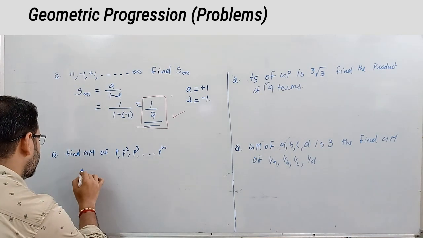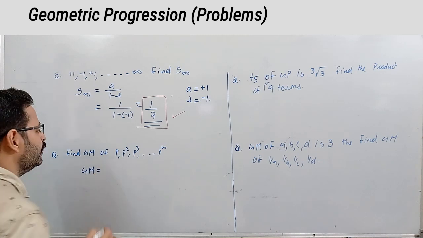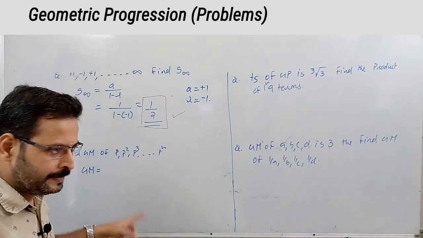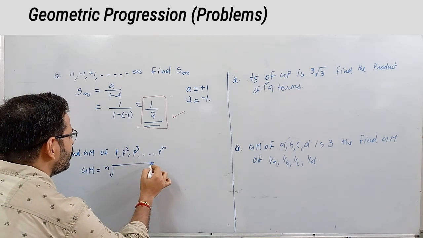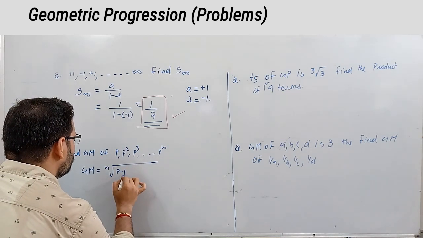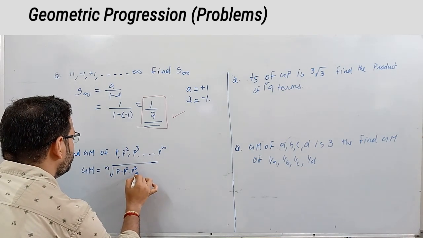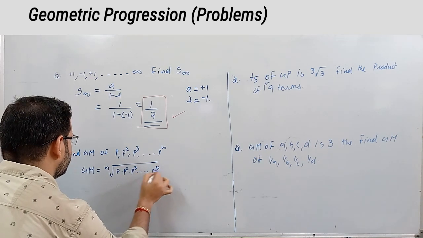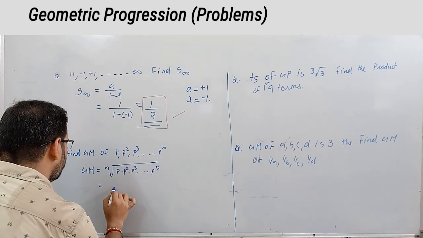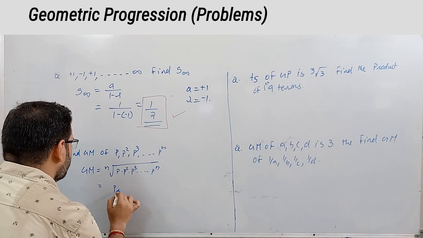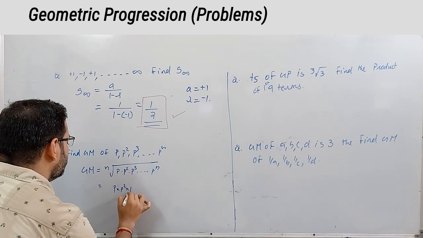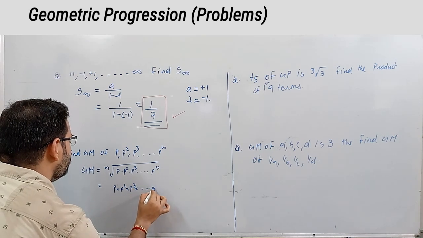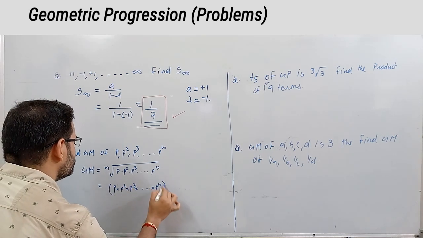Okay, here we can write GM equal to, there are n terms, that means the nth root of the product of given numbers, P into P² into P³ etc. up to P raised to n. So we can write P into P² into P³ etc.